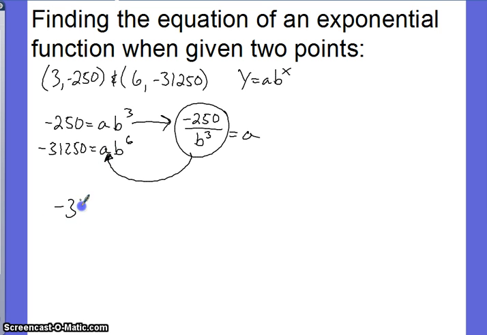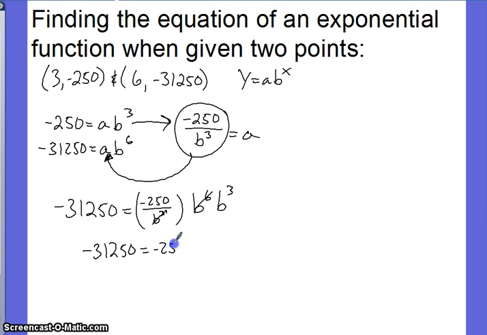So I get -31,250 is equal to -250 over b cubed times b to the 6th. Now the b cubed cancels with the b to the 6th and leaves a b cubed. So I have -31,250 is equal to -250 b cubed. Divide by -250 on both sides.